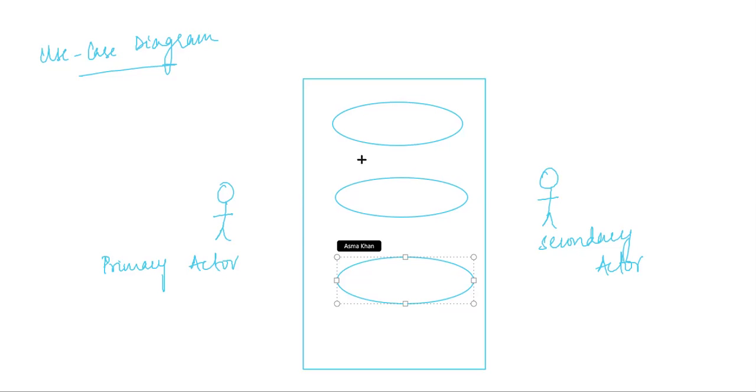Now this, as I've told you, these are the primary actor and secondary actor, whereas this rectangle box in here is called your use case boundary. Now this use case boundary tells you that the actor is outside the system, whereas this is within the system.